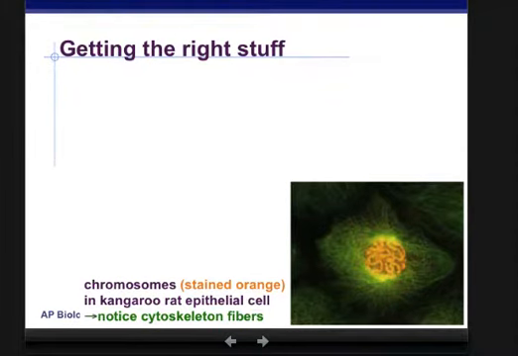So, we're back in chapter 12, and we're going to be going through the actual parts of the cell cycle and the phases of mitosis in this video. So mitosis is all about getting the right stuff.